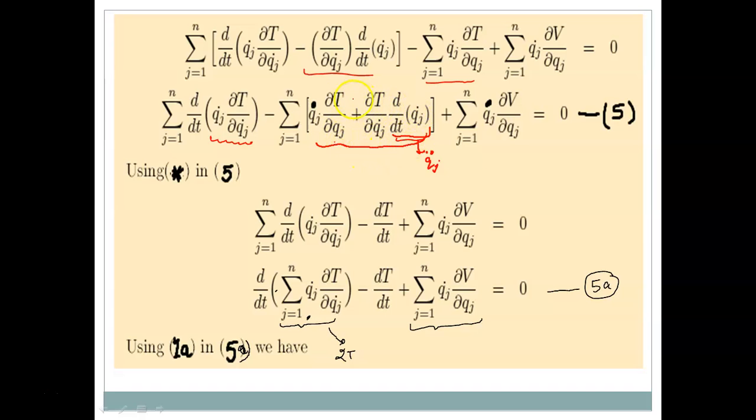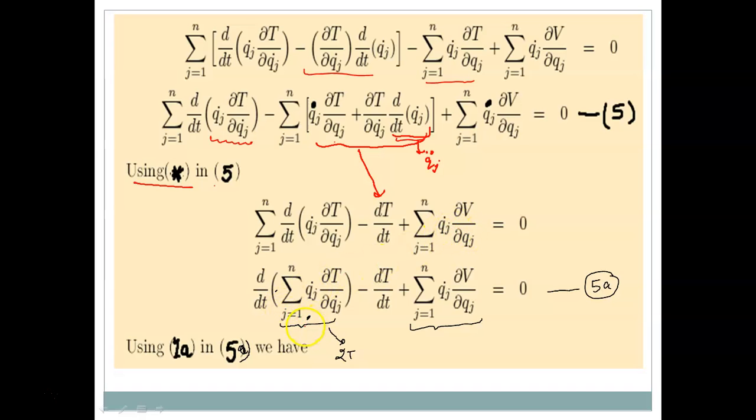So in place of this quantity, here we can write dT by dt. This is using star in 5. This part remains as such. This is dT by dt plus this quantity.